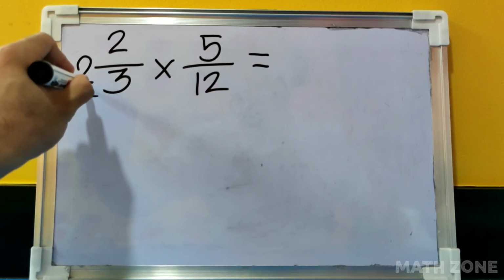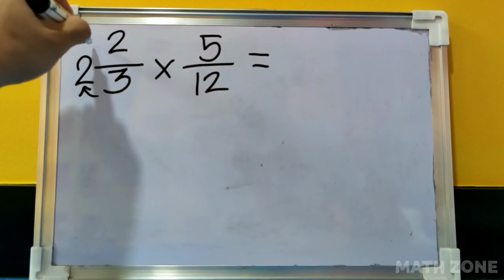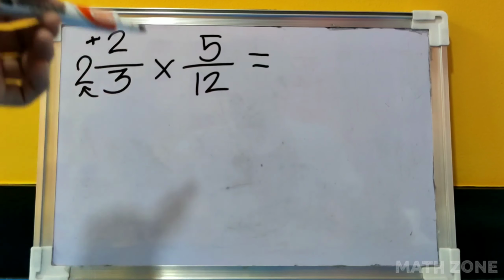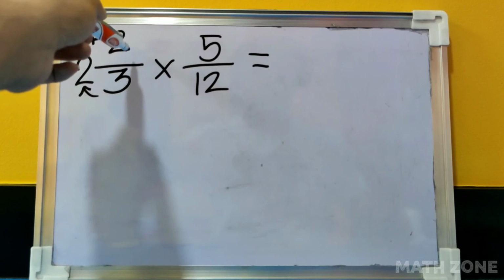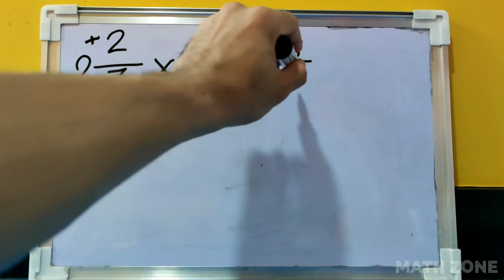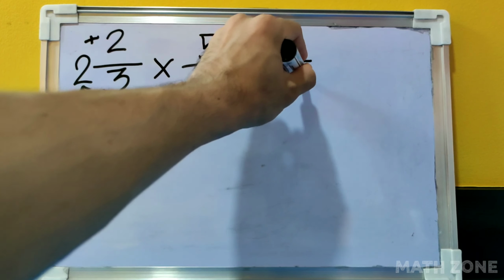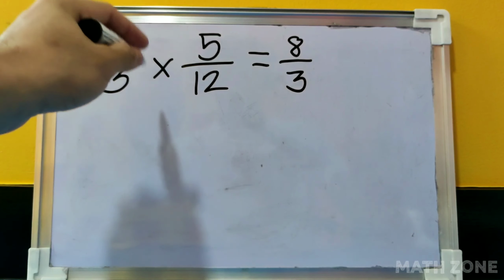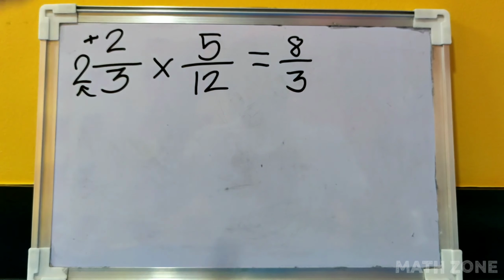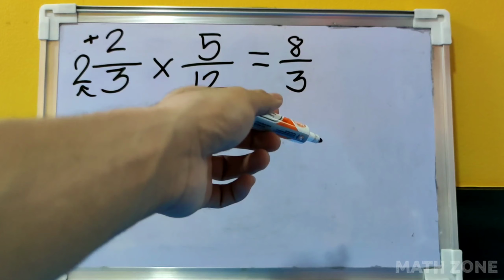So that's 3 times 2, and add the numerator. So 3 times 2 is 6, plus 2, that's 8. So that's going to be 8 over 3. So 2 and 2/3 when converted to an improper fraction is going to be 8 over 3.